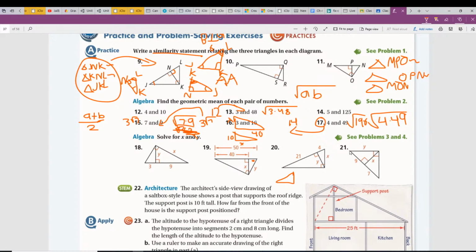This would be this triangle right here, so that one would be y, x, 9, and that'll be 90 degrees. The big triangle right here will have that 90, and it'll also share that angle.